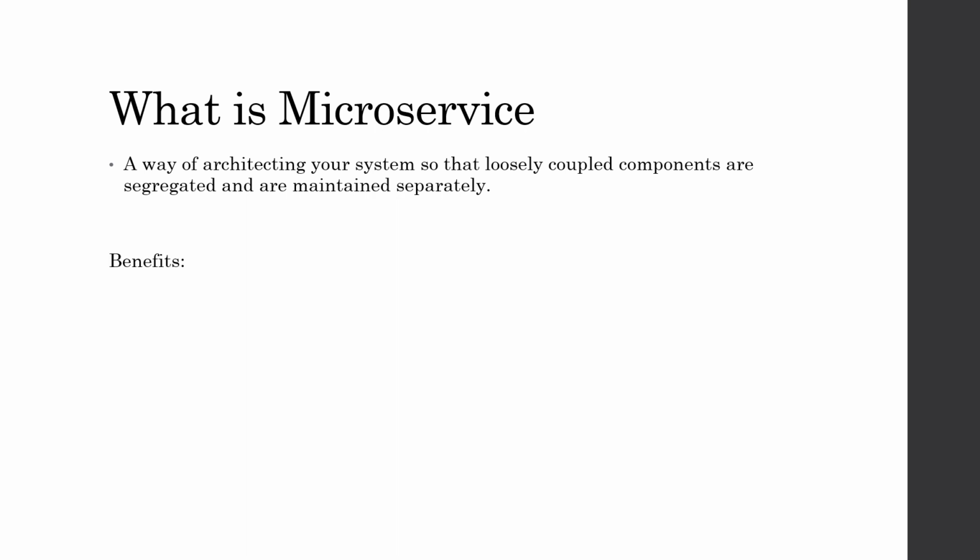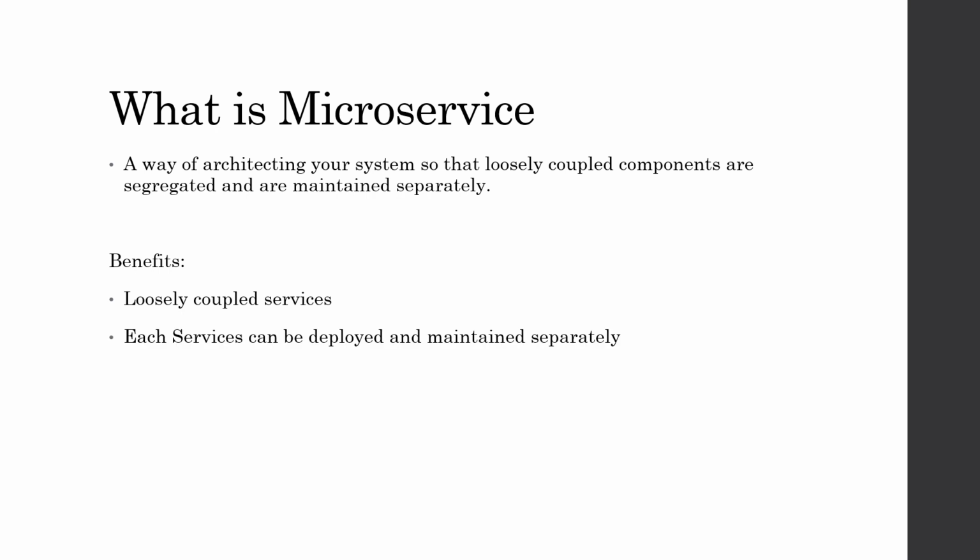So what are the benefits of using a microservice here? The various benefits are, the first one is of course it's loosely coupled services. So each of the services is like an application in itself, and it can be maintained separately. So each service can be deployed and maintained separately.